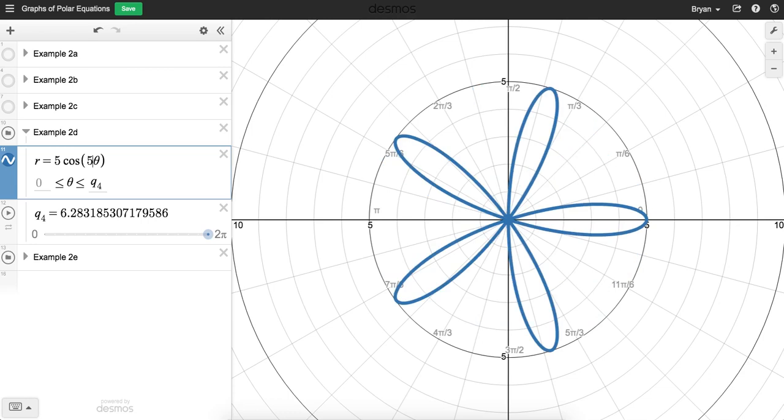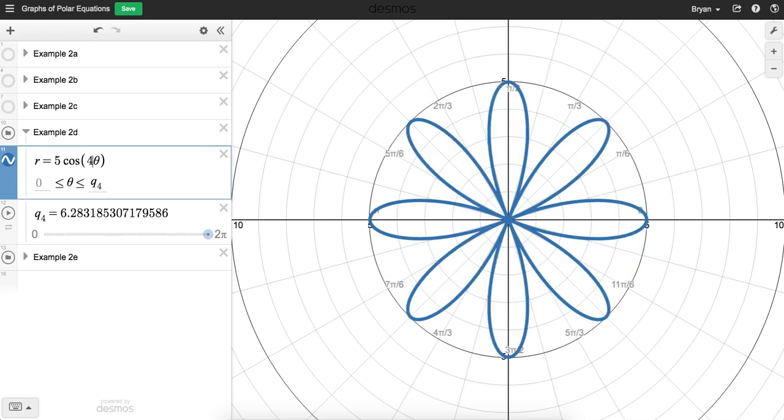So there's 5 theta. But if it's even, we will have one on the negative x-axis. So with cosine, it's always going to have one on the positive x-axis, and then depending on whether the number in front of theta is odd or even, we'll also have one on the negative x-axis. Again, notice the 4, we have a total of 8 petals.